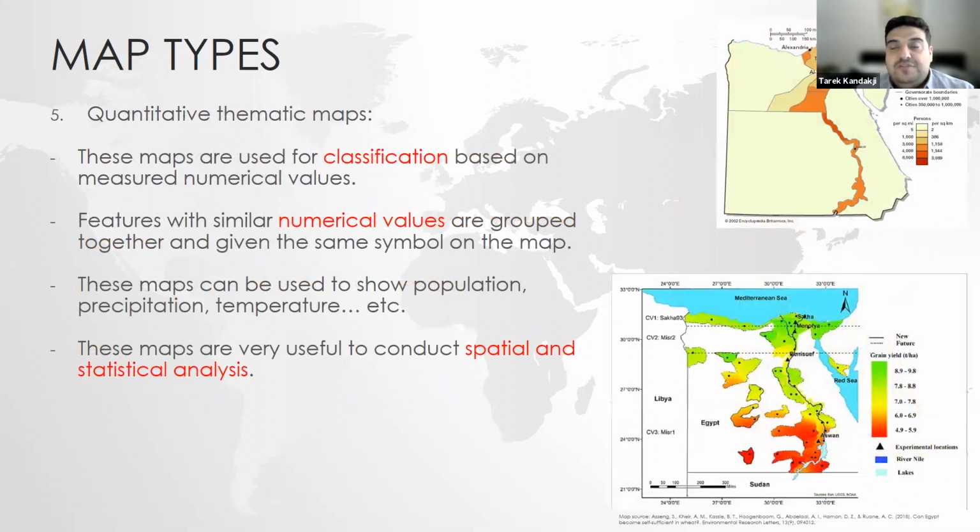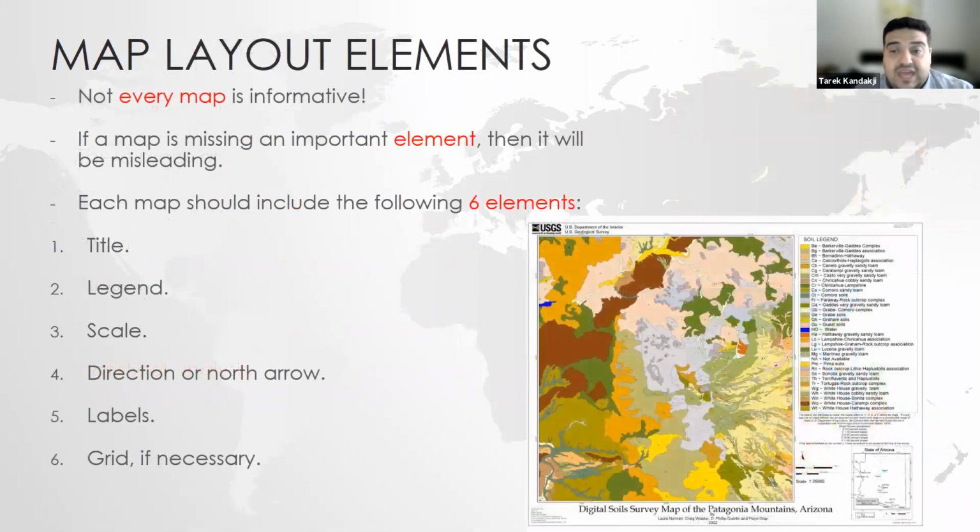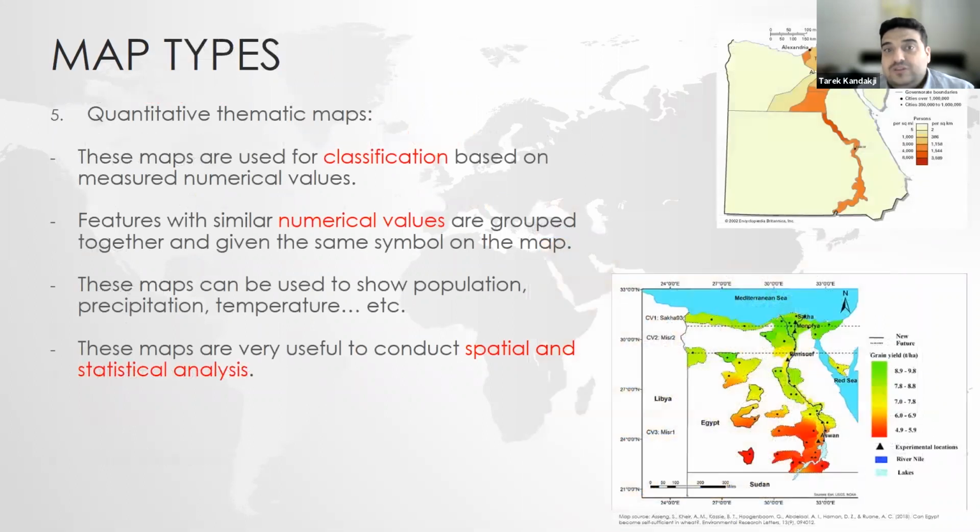But in terms of quantitative analysis and spatial statistics, it's better to use quantitative thematic maps. And by the way, sometimes the data you have will not allow you to have quantitative values. Then you can use other statistical methods that can tackle qualitative data and produce results.